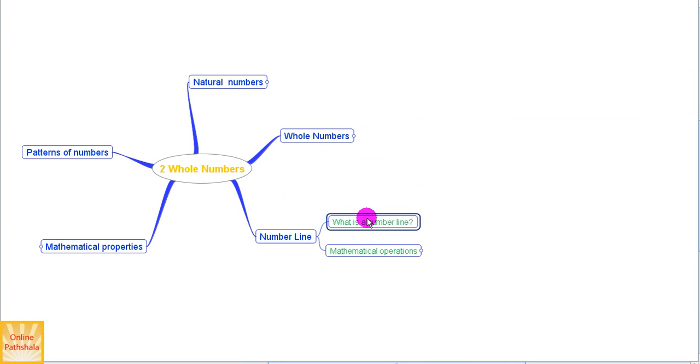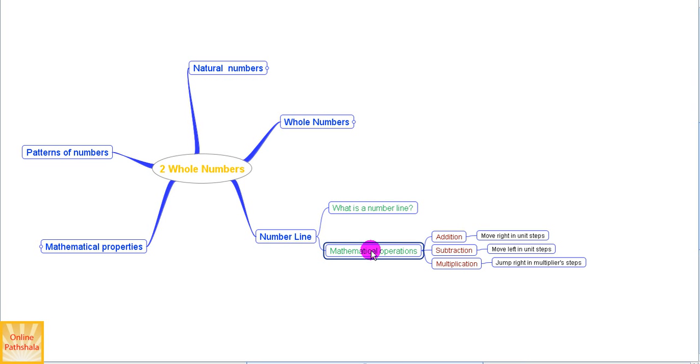We also studied the basic properties of the number line, that is, each and every adjacent number is separated on a number line by unit distance, and a number to the right hand side of a selected number will be greater, and the number to the left hand side of a selected number will be lesser than the number that has been selected.